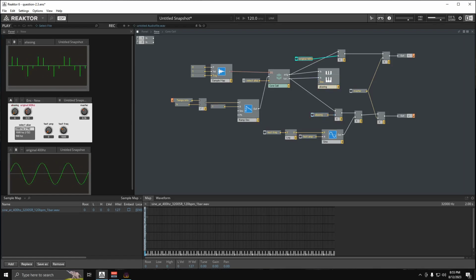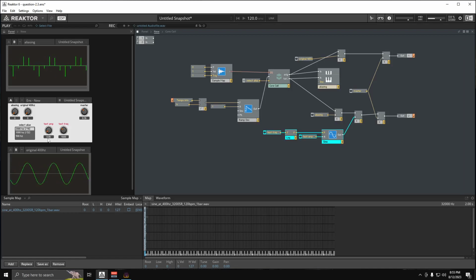To me, it sounds more like the original, but here's a test sine wave at 1600 hertz. What's happening when you reduce the sampling rate by 2 kilohertz, like I just did, is you get aliasing, and it turns out to be 1600 hertz.